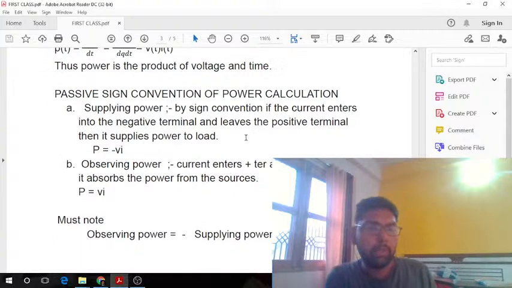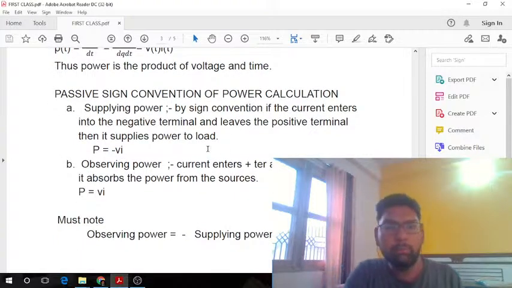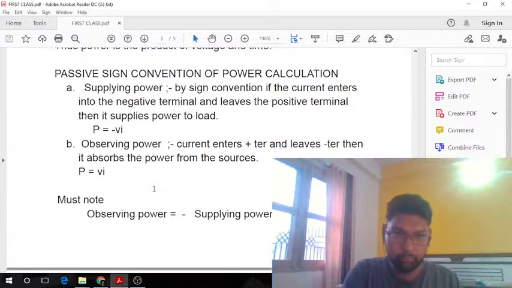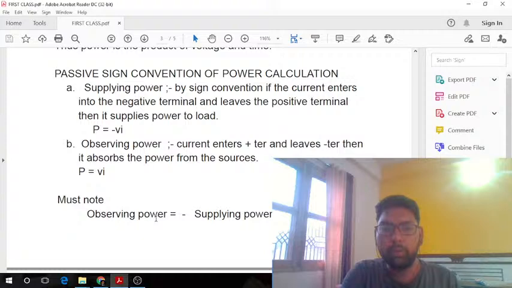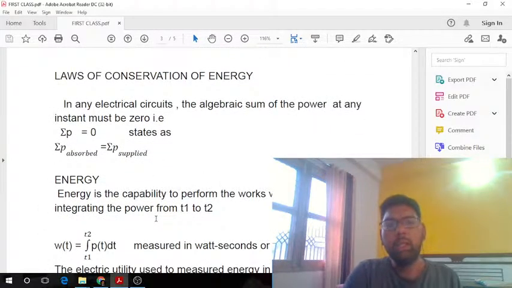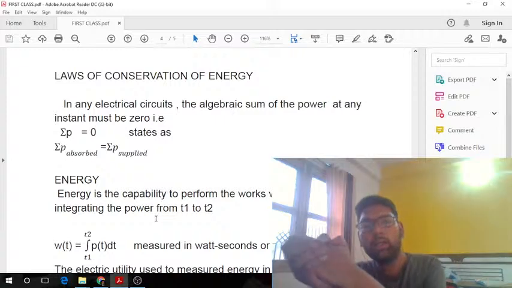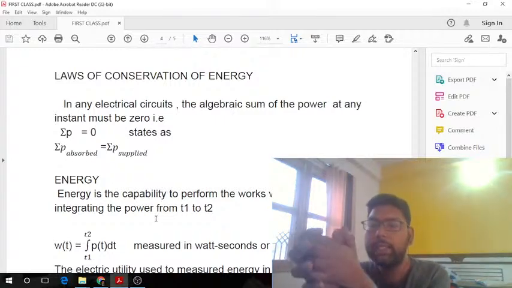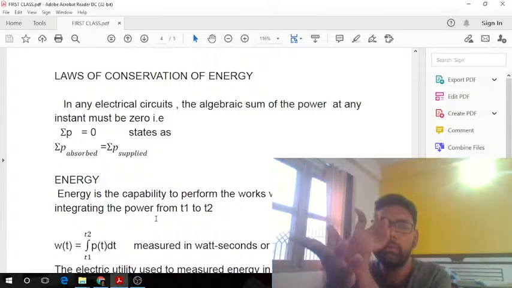From the above theoretical portion, we can conclude that absorbed power must be the negative of the supplied power, or supplied power must be the negative of the absorbed power. And as we know, by the conservation of energy, energy can neither be created nor destroyed.